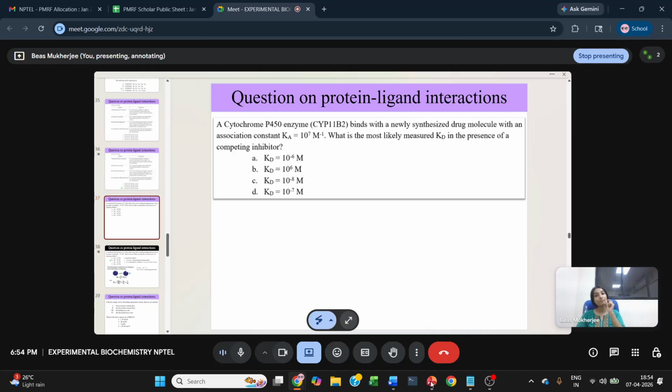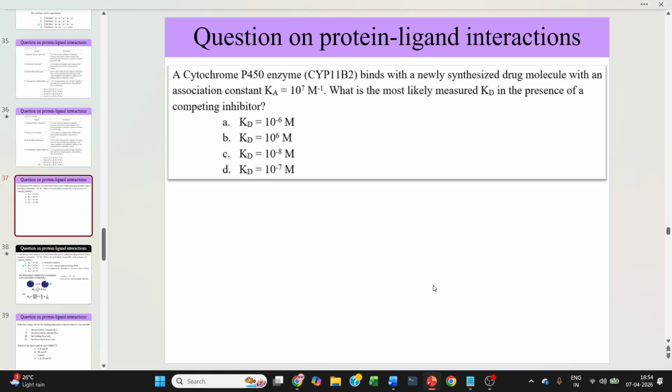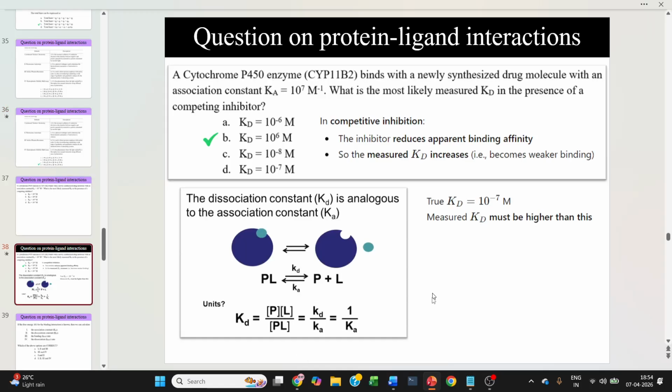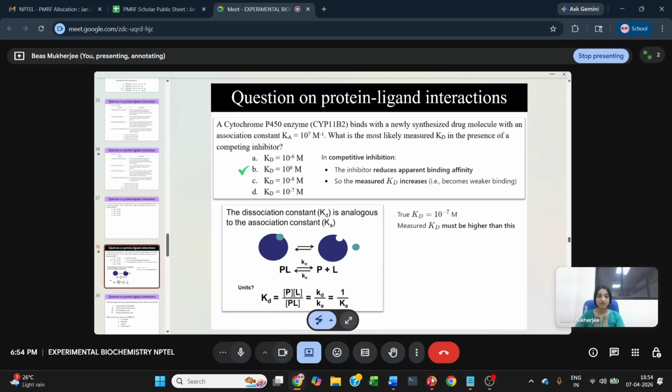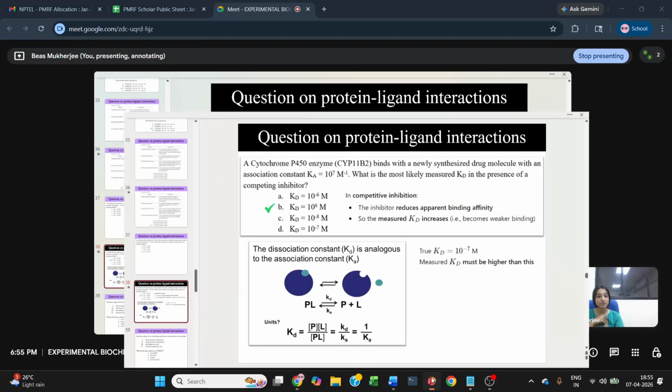So that makes it 10 to the power minus 7. Right? 10 to the power minus 7 mole inverse. And then it should decrease. So if it decreases, that means it is going to become what? 10 to the power minus 6. Correct? So the right answer would be, yeah, in competitive inhibition, the true Kd should be lower than this.